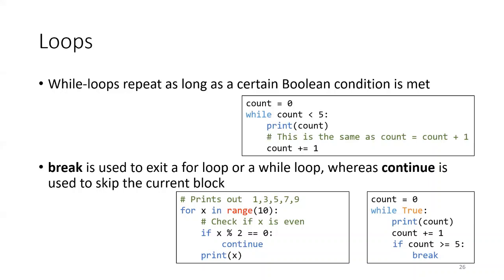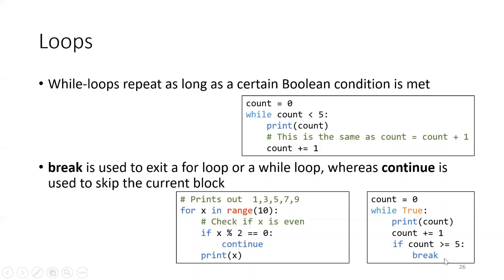So here we say forever print the value count and then increment it by 1. And then check something: if count is greater than or equal to 5, break. So here we have simply moved the while condition that we had before to this if condition, and we have translated the previous while loop as a new while loop which uses break.